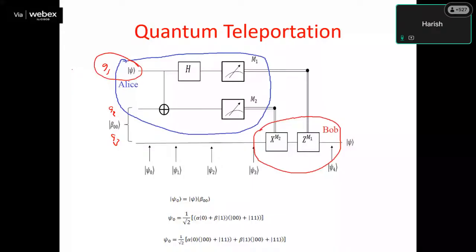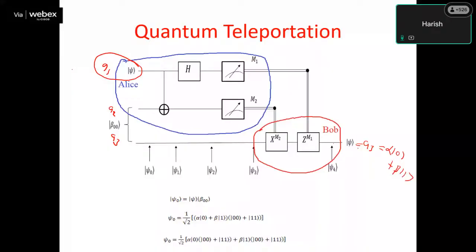In between, we are doing these gate operations at the Alice side and measurement. And at the Bob side, we are doing these gate operations. And at the end, what we are observing is that the third qubit Q3 becomes psi, and that is nothing but alpha times 0 plus beta times 1.